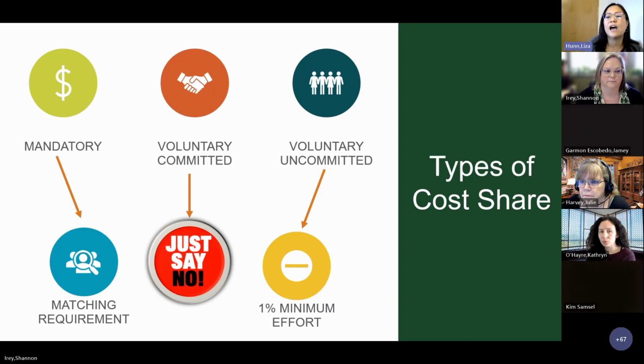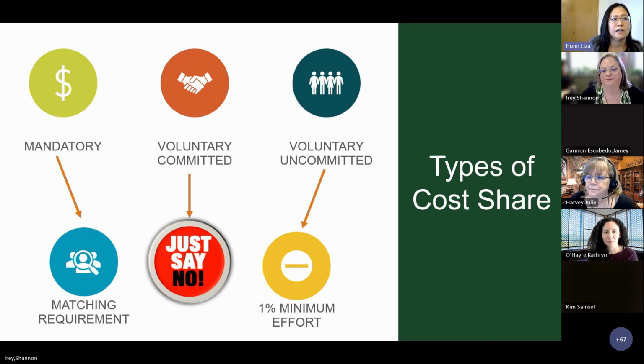Okay, so now we're going to go to the difficult child in the middle. Voluntary committed. Voluntary committed is cost share that, again, is not required. It is voluntary. The committed part is at the proposal stage.